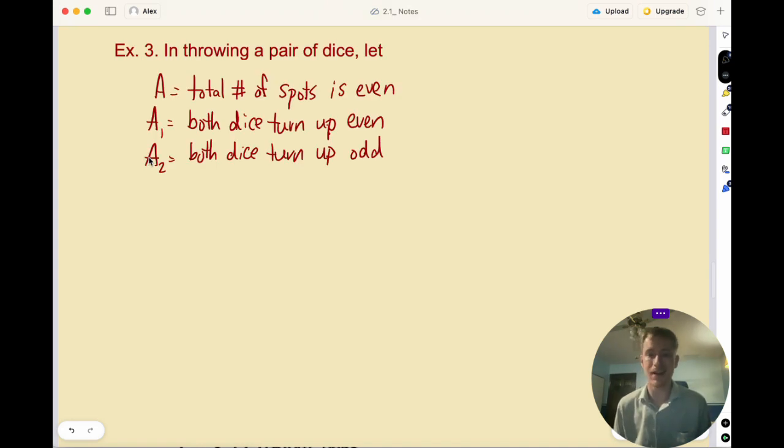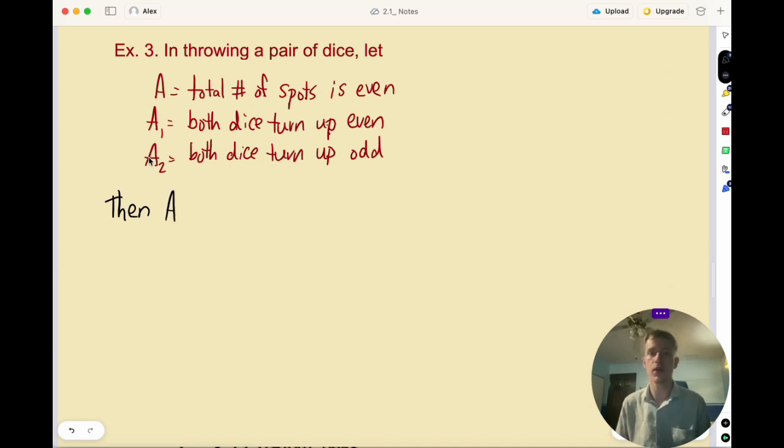All right, so let's take a look at another example involving all these different set theory terms. In throwing a pair of dice, we'll let the event A be that the total number of spots is even. We'll say that the event A1 is when both dice turn up even, and A2 is when both dice turn up odd. In the way that I formulated it, note that the event A can only occur in one of two ways.